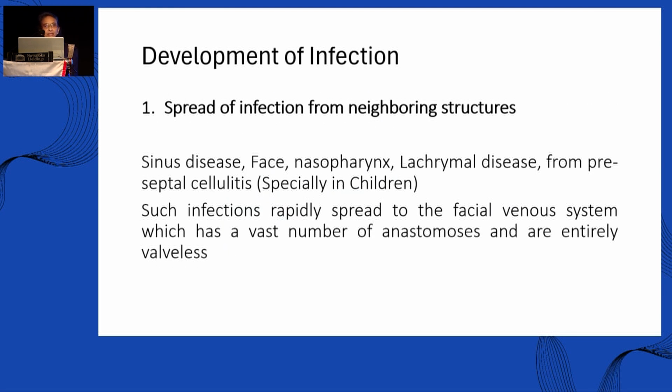When you think of how infection gets into the orbit, there are three ways. One is spread of infection from neighboring structures: sinus disease, the face, nasopharynx, lacrimal disease, and preseptal cellulitis, especially in children, spreading into the orbit. Why does it spread so rapidly? Because the facial venous system has a vast number of anastomoses and is entirely valveless.